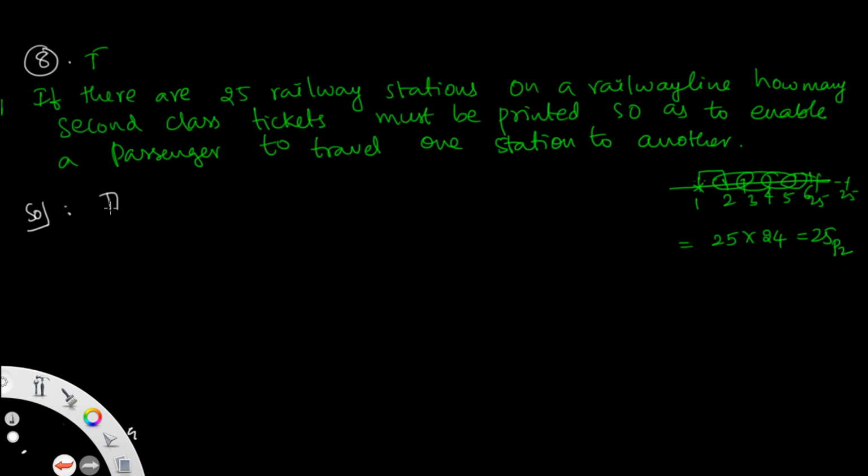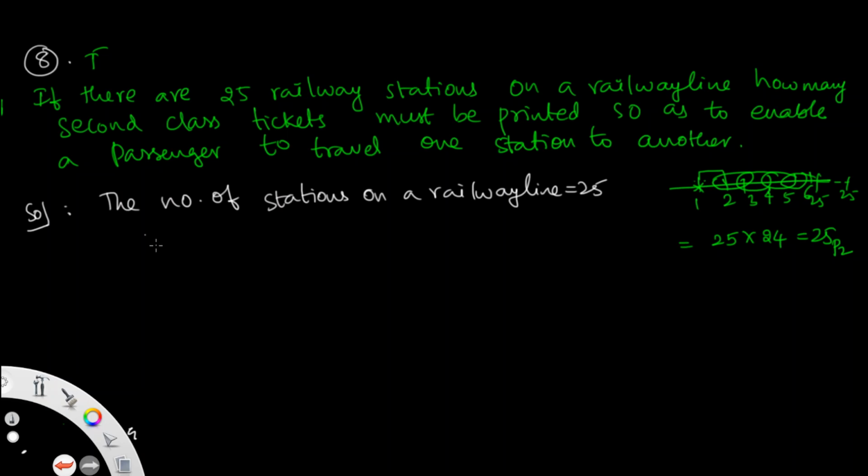The number of stations on the railway line is equal to 25.